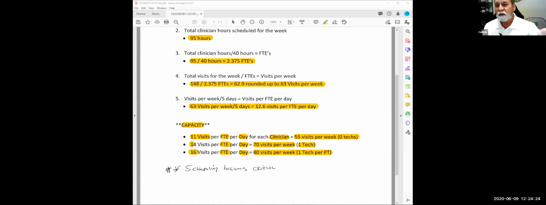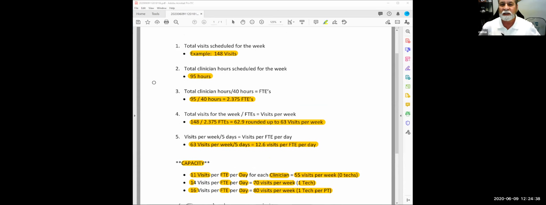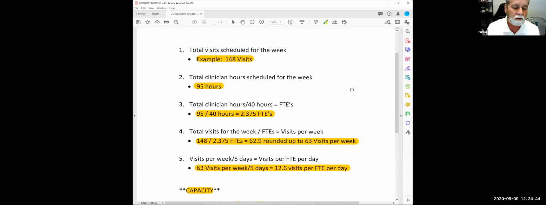What we can go further into is per week. We can determine per day by using the same formula. Let's use the example we worked on this morning.